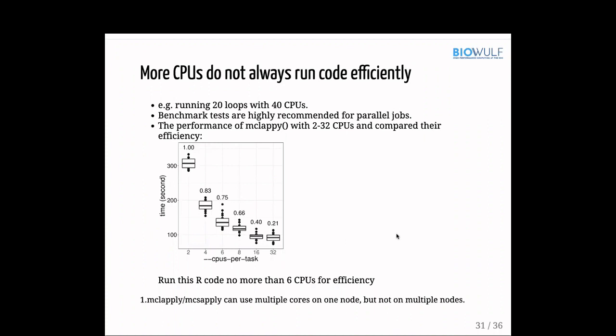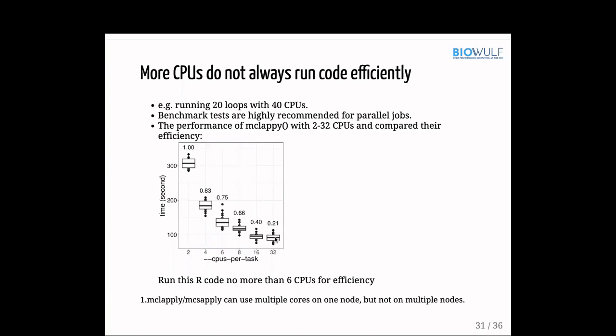Just one more note: mclapply and mcsapply can only use multiple cores on one node. So most of the slides I'm showing here are just for parallel jobs on one node. I didn't include multiple nodes. It will be much more complex. Snow can do that, but it really depends on your request.